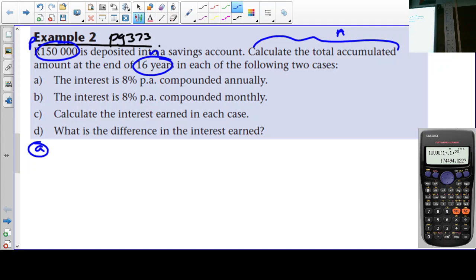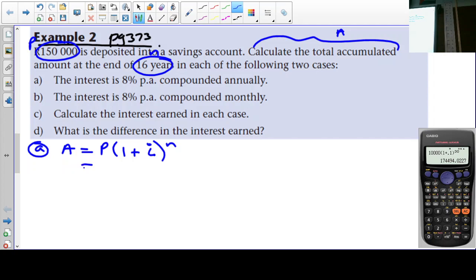So what formula do I use here? A is equal to P into 1 plus I to the exponent n. Why don't I put that over any number? It's annually. What does annually mean? Since you're taking it once a year, that's why it's over 1, and 1 times n doesn't change.